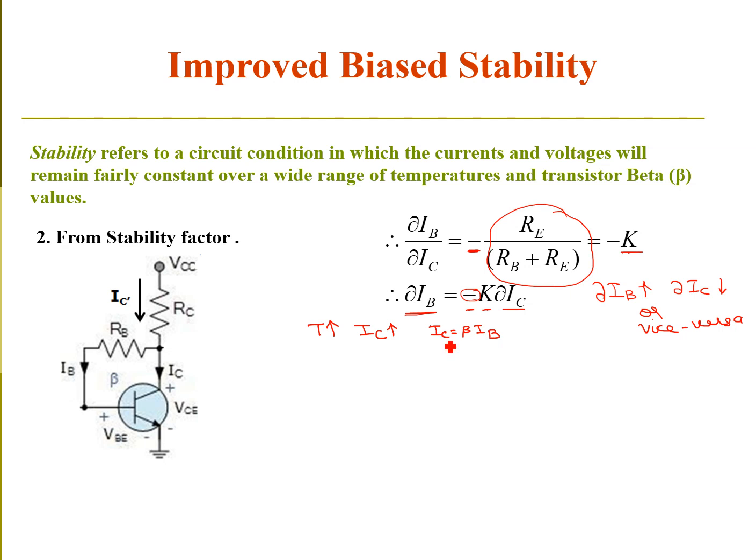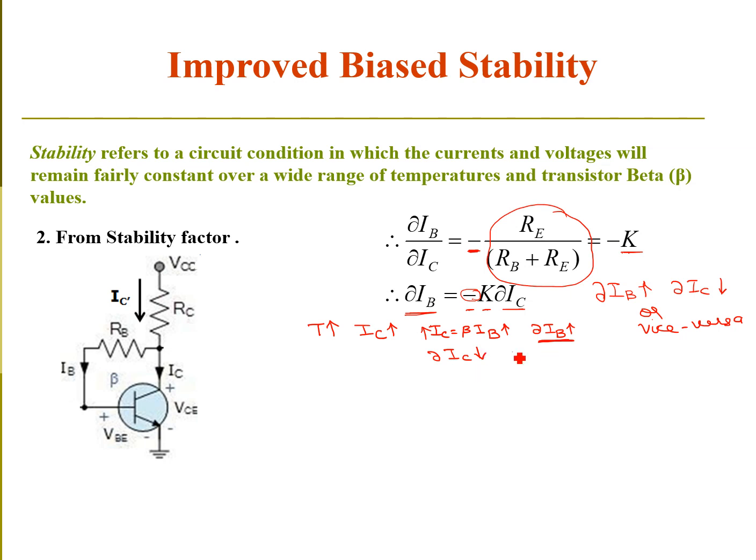So if IC is increasing, IB will also increase. Change in IB is increasing, and because of the negative factor, change in IC decreases.